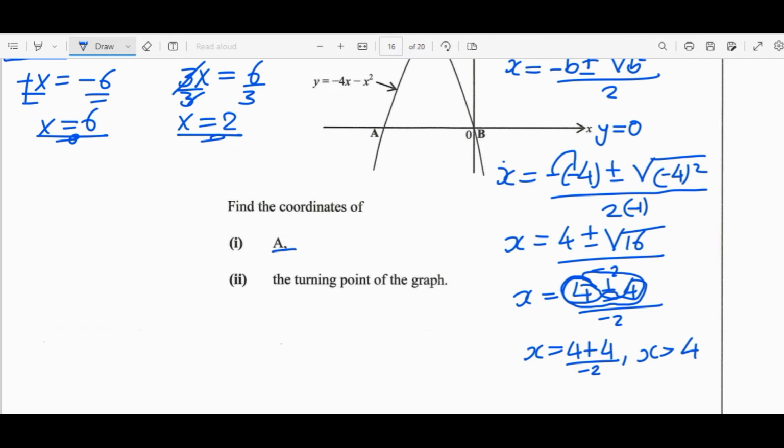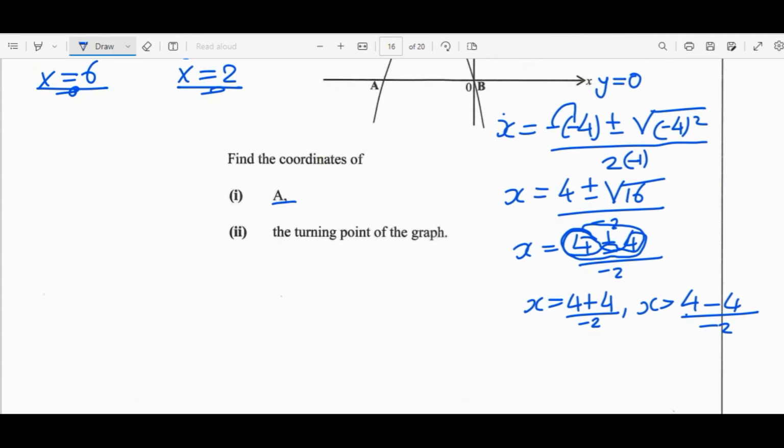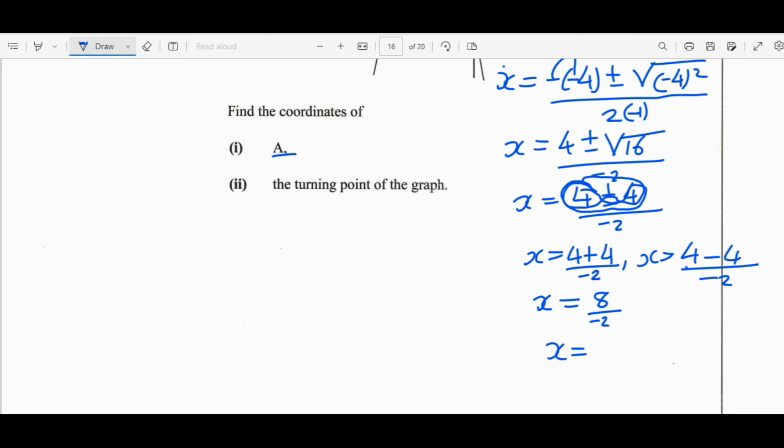So it's 4 minus 4 over negative 2. The denominator should not change. Make sure of that. So 4 plus 4 is 8 over negative 2, which is our final answer, negative 4. Then here we know that 4 minus 4 is 0 over negative 2, which is giving us 0.